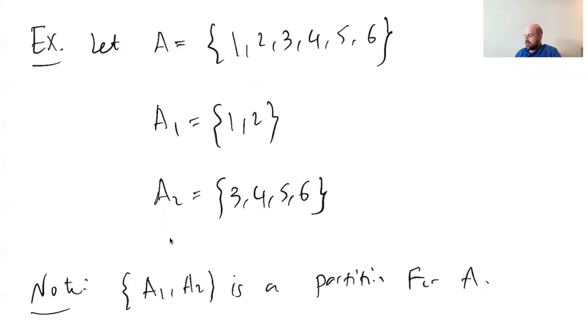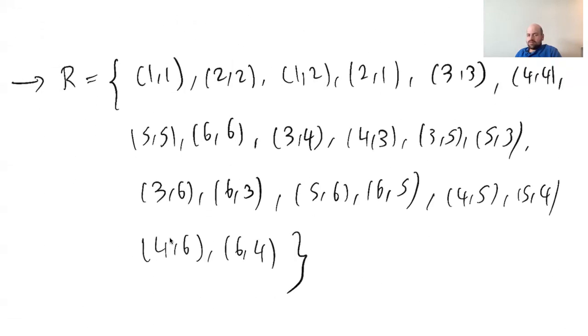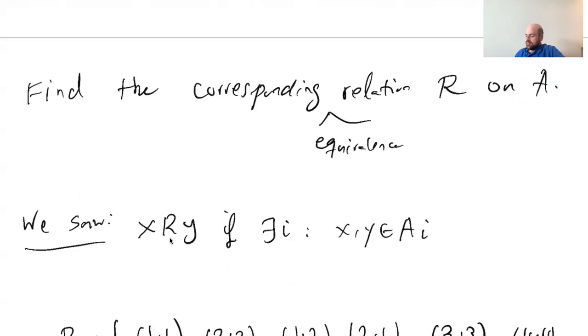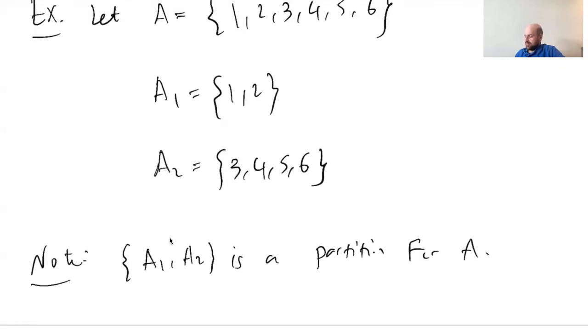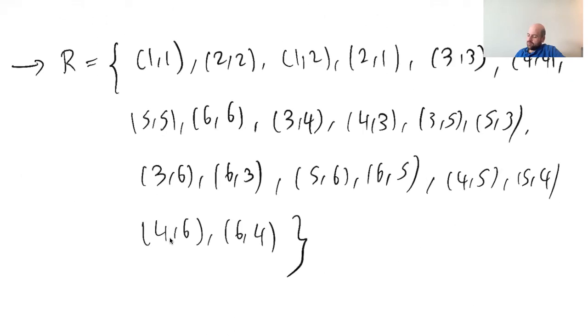So (2, 3) is not in R. We don't have (2, 3) here because 2 is in capital A1 and 3 is in capital A2. But the rest, for example, 3 and 4 are both in capital A2, therefore we have (3, 4) and (4, 3). Or 3 and 5 are both in capital A2, so we have (3, 5) and (5, 3), and so on.